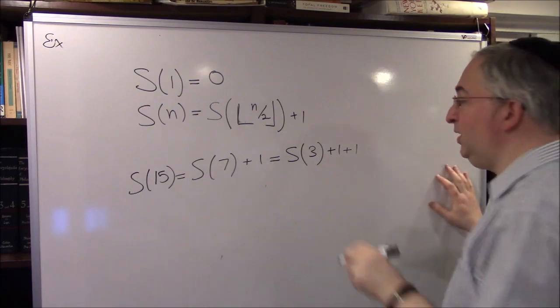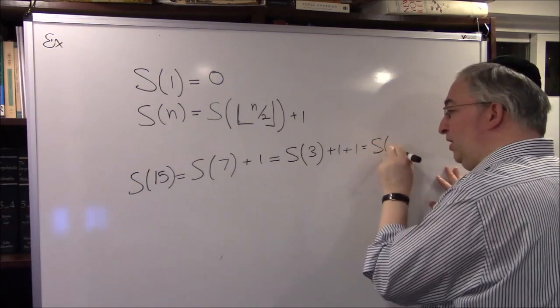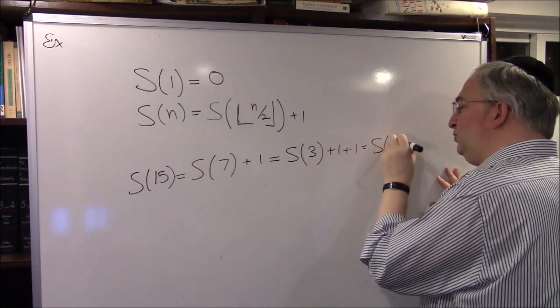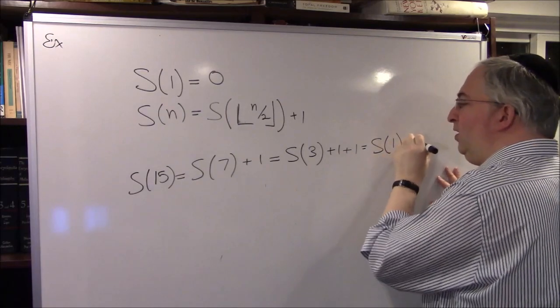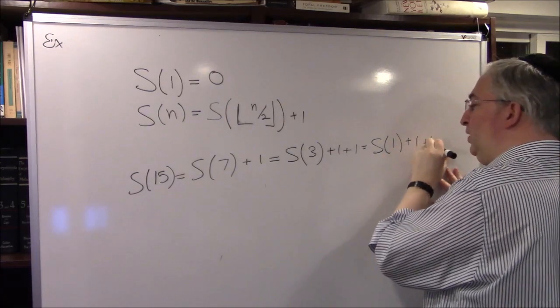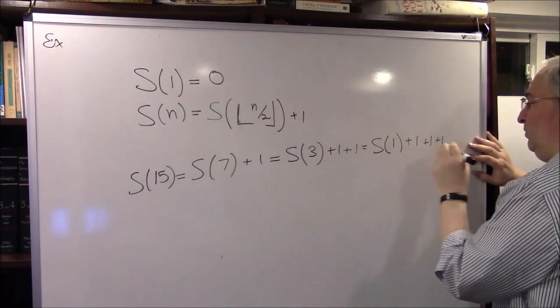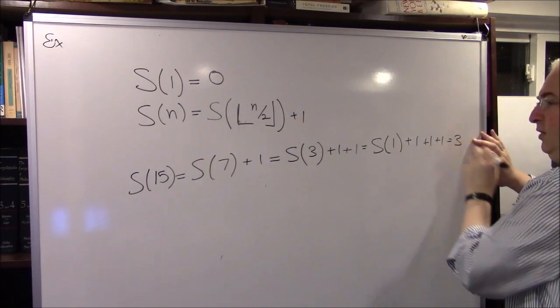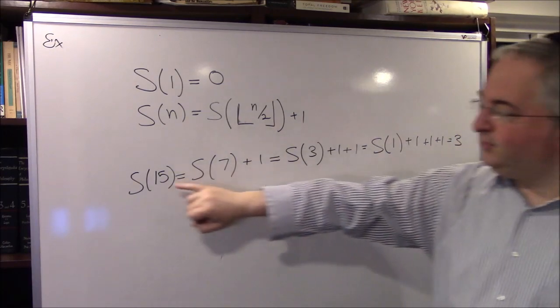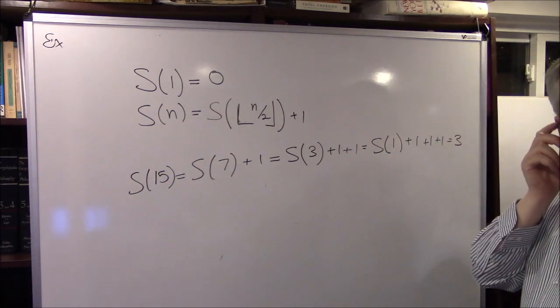What's S of 3? 3 divided by 2 is 1, plus 1 plus 1 plus 1. What's S of 1? 0. So this is equal to 3. So S of 15 is 3.